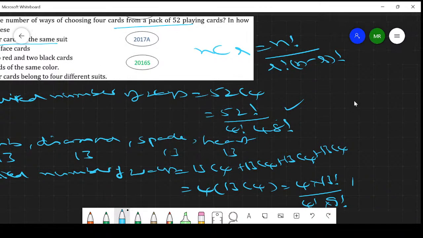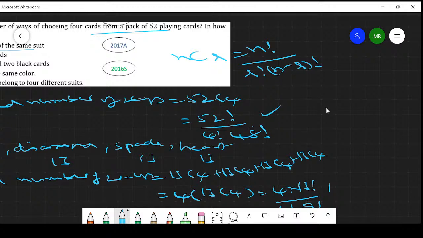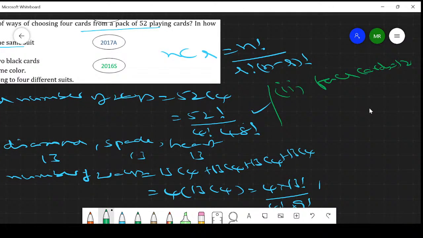The face cards can be selected in 12C4 ways. Always remember, when I am doing the second question, the second part I will do here. Number of face cards is 12. In that they are asking 4 cards. So it can be done 12C4, right?